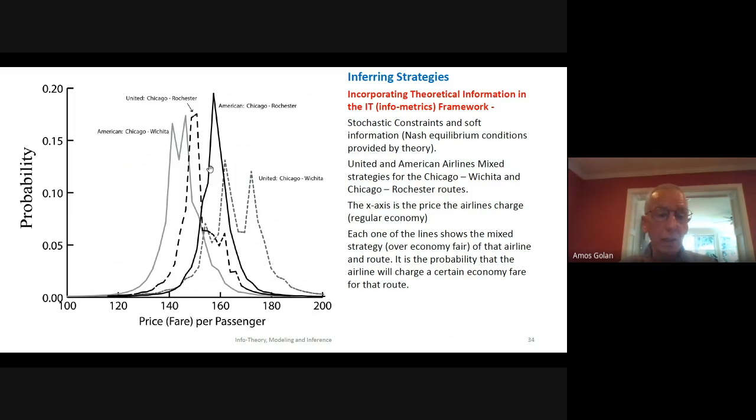And this is the Chicago Rochester; this is for United, this is for American, so they are closer together, yet still in this case American is to the right, it dominates and it has on average higher prices. So this is just an example of what one can do.